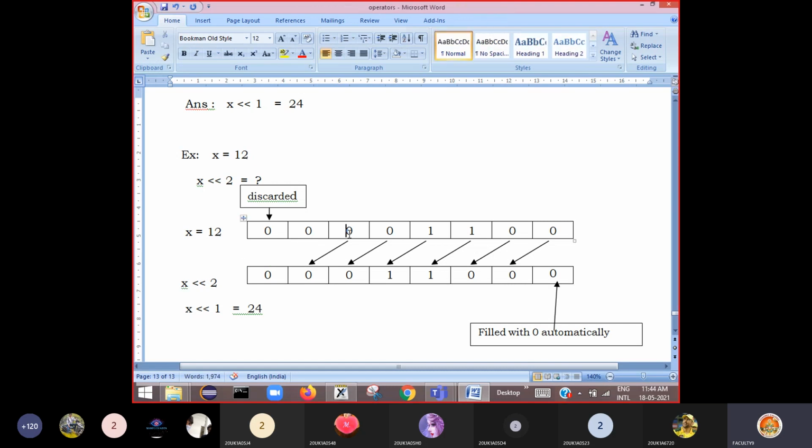What happens? This bit, 2 positions, so this will come to the first position. Yes or no? So this 0 will come to this first position.